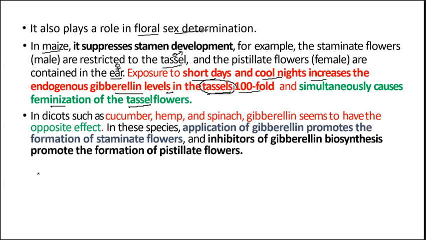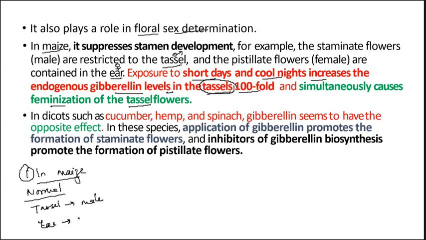So what we studied in the first case, in maize: in the normal condition, the tassel produces male flowers, but the ear produces female flowers.